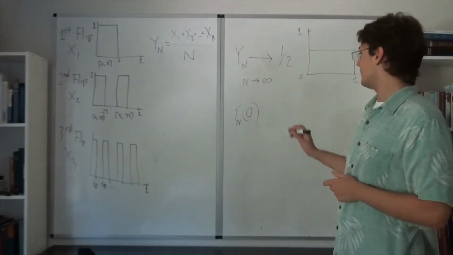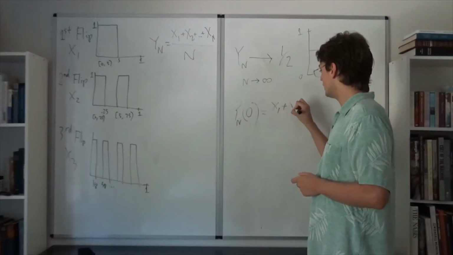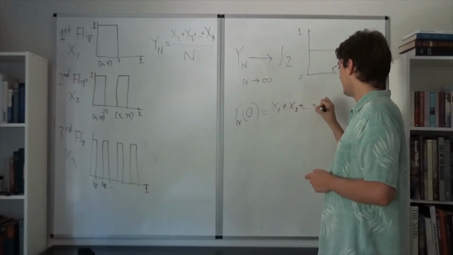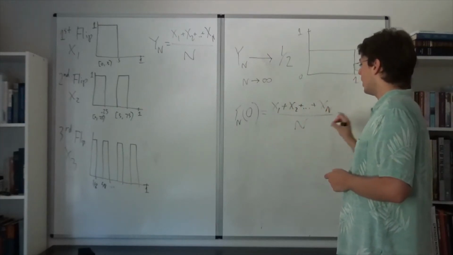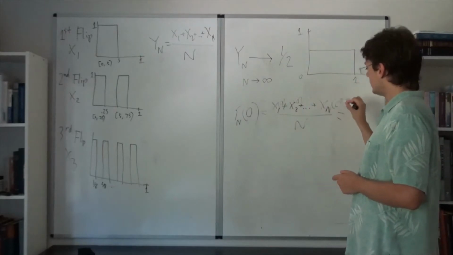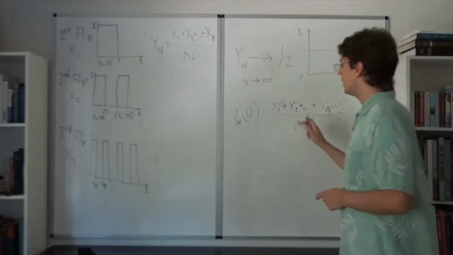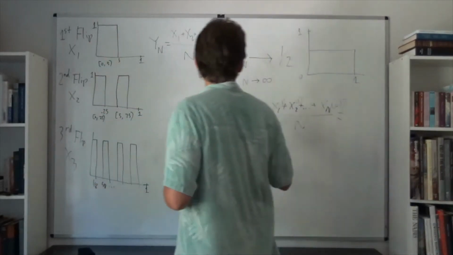That's going to be x1, x2, so on, xn, divided by n. What are these values at 0? For the first one, at 0, that's going to be 1.